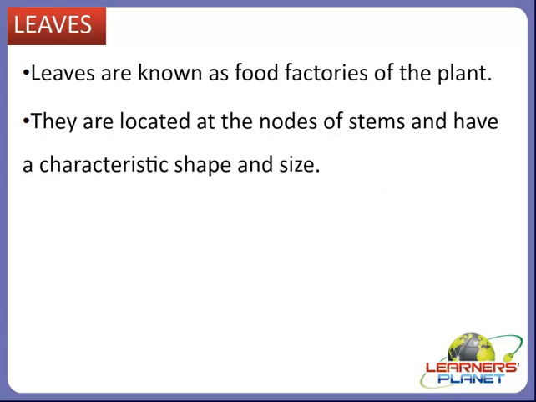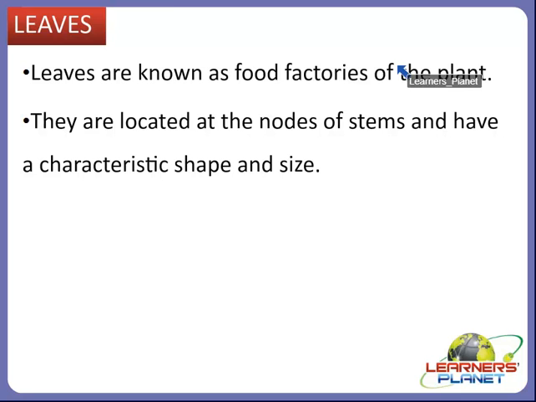Some have small size, while some have big size. Some are tall, some are short, some are broad. Some plants have broad leaves, some plants have narrow leaves or short leaves. So leaves are the structures which are located at the nodes of stems and have a characteristic shape and size.